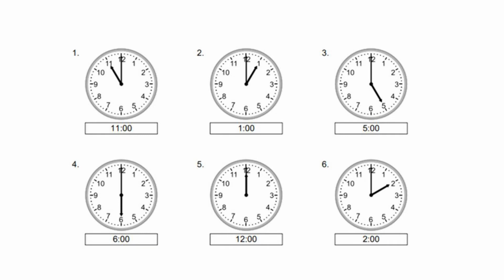Now these were easy. Let's look back at all of the times that you were asked to draw. 11 o'clock, 1 o'clock, 5 o'clock, 6 o'clock, 12 o'clock, and 2 o'clock. Easy, right? Now I have something exciting for you to do.